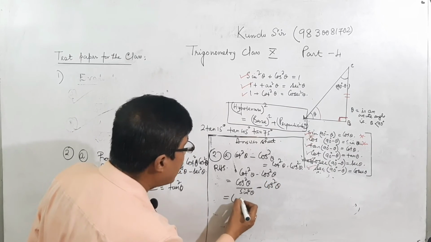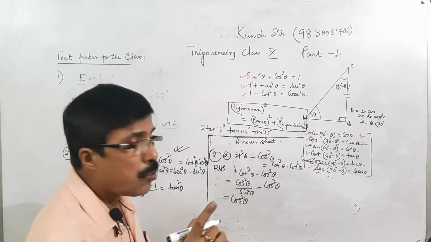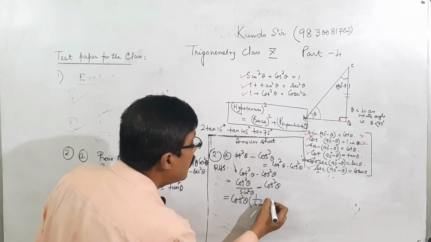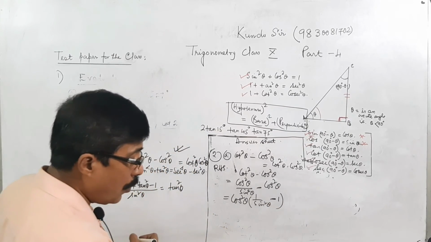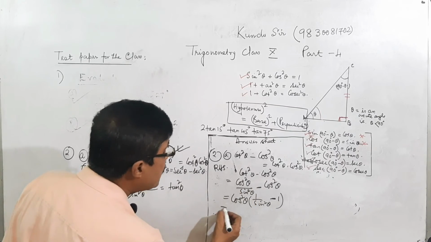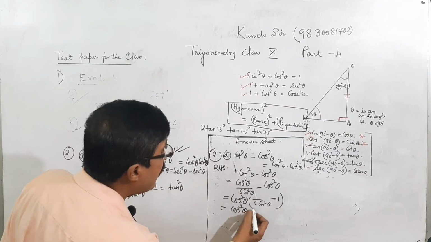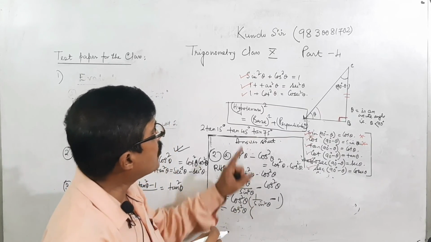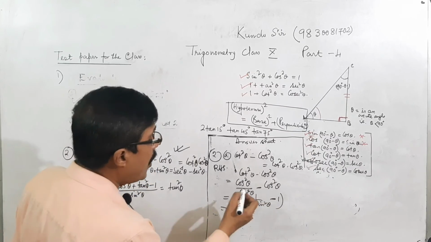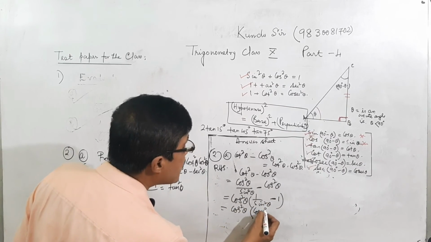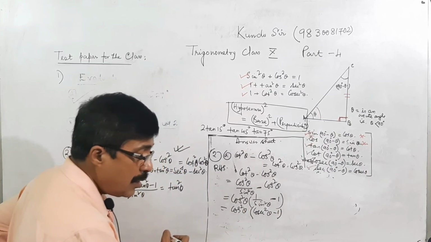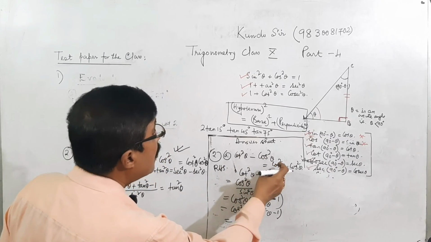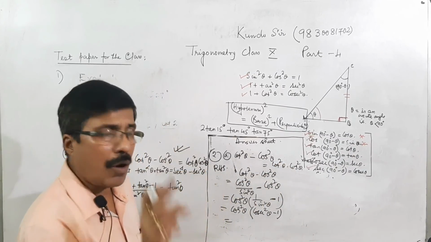We are taking common cos square theta. So what are we getting? 1 by sin square theta minus 1. Cosec is the reciprocal of sin, so cosec square theta minus 1. Our cos square theta we have already got.